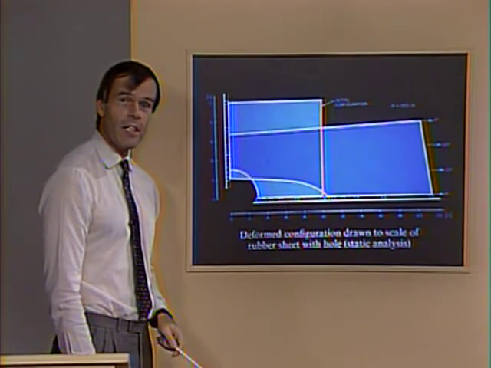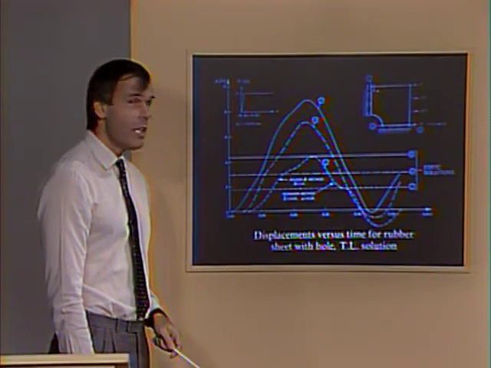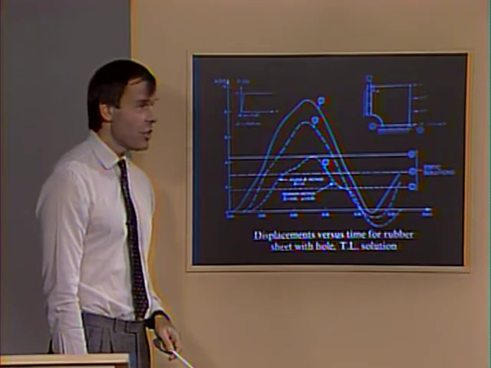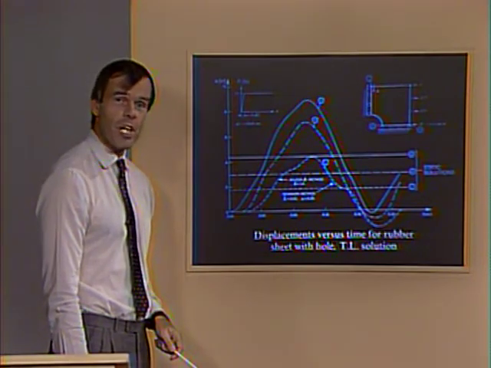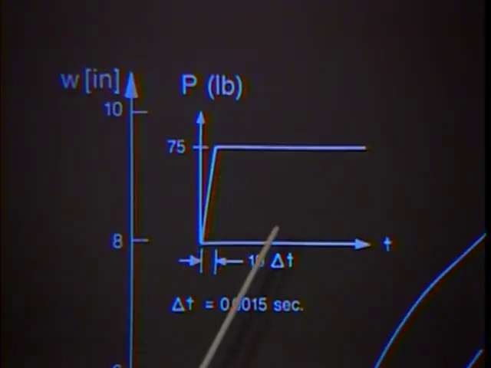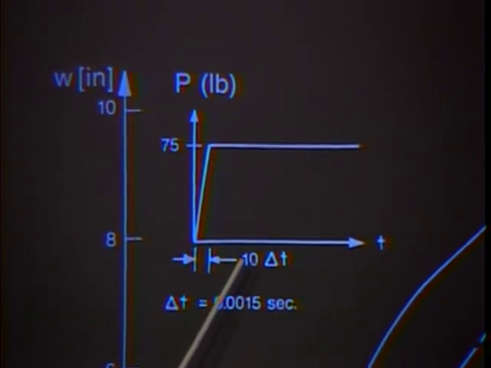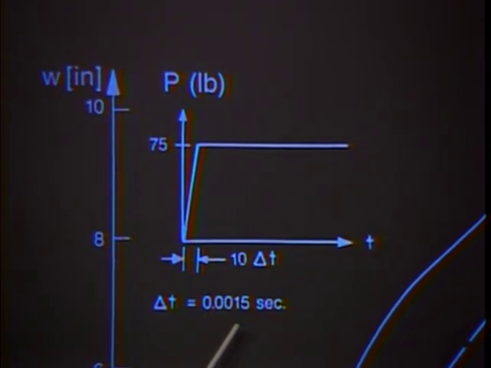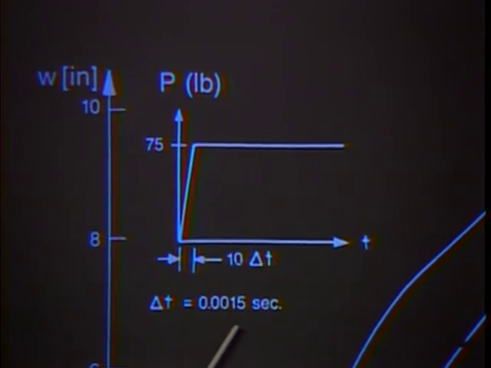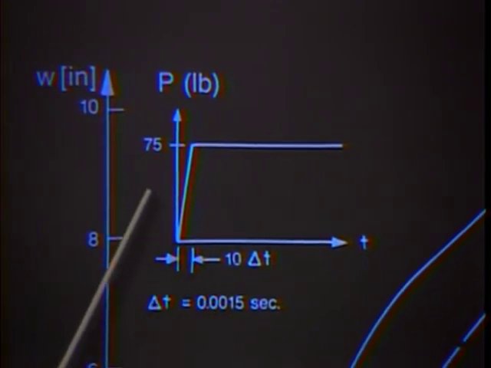The final slide then shows the dynamic response that the sheet undergoes when we subject the sheet to a step loading where the static loading was applied before. Notice the step loading is applied over 10 delta t, where delta t is 0.0015 seconds.